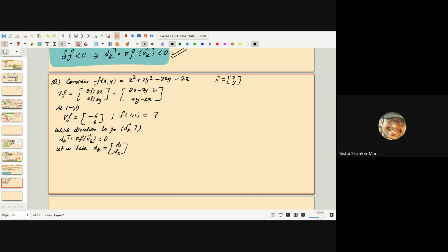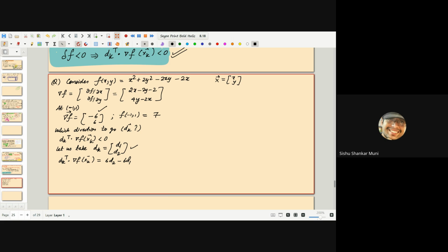Now can you tell me what is dk transpose dot grad f at xk? It's just a dot product, right? dk is this vector, grad f is this vector, so just take the dot product of these two.